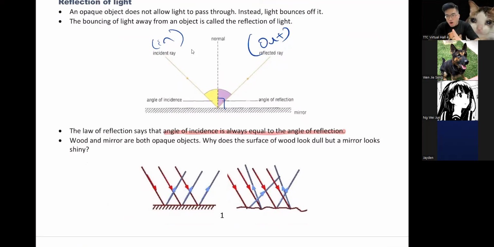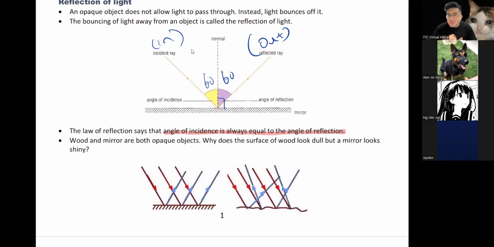This is the law of reflection. It has to be obeyed, has to be followed. That means whatever angle of incidence is here, your angle of reflection will be the same. If I enter at 60 degrees, I will come out at 60 degrees. For sure.